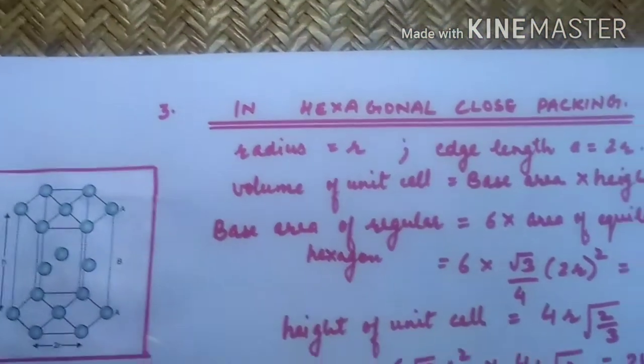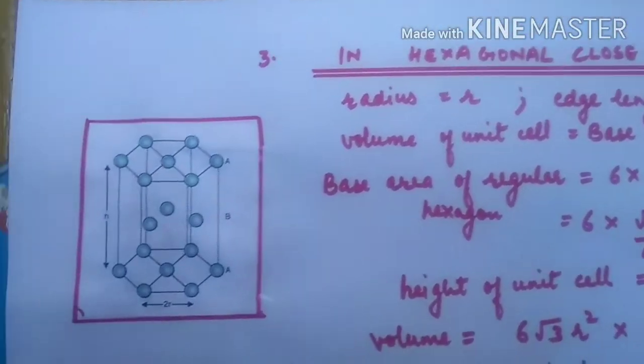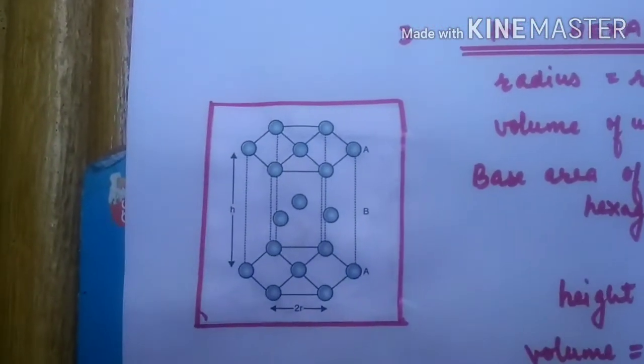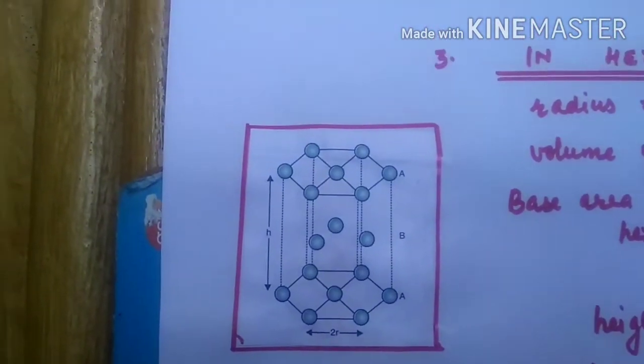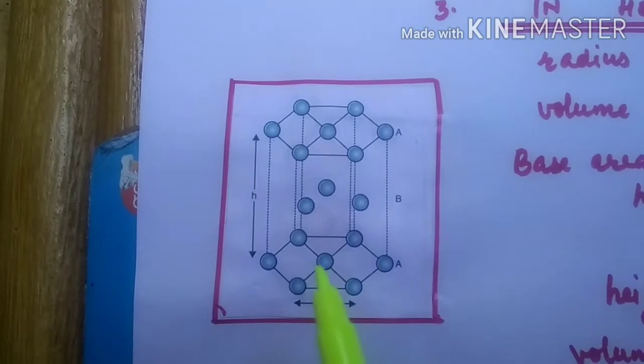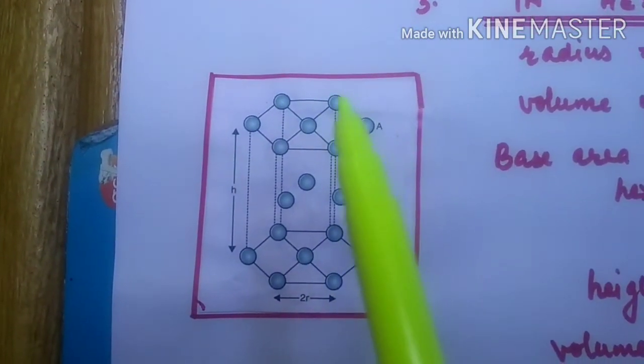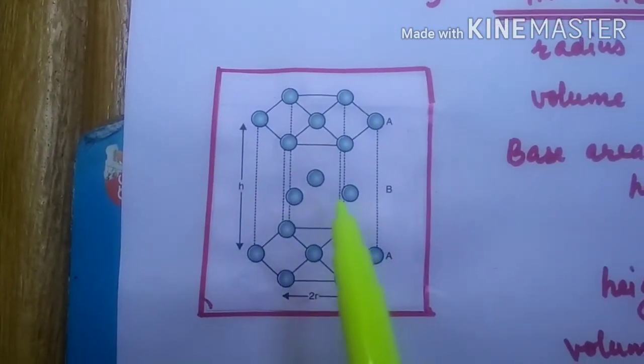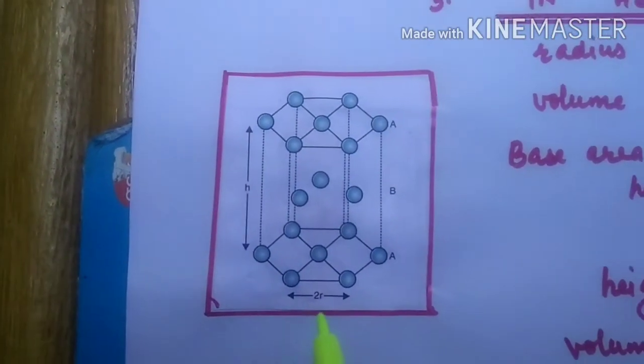Next is hexagonal close packing. In hexagonal close packing, the arrangement is as such: the atoms are placed at the corners of a regular hexagon and in the center of two opposite faces, and 3 are present in the body of the hexagonal unit cell.